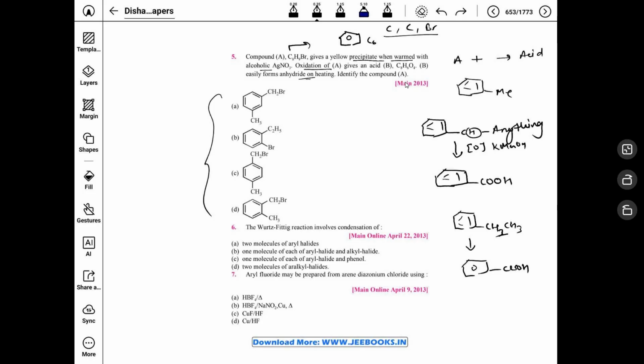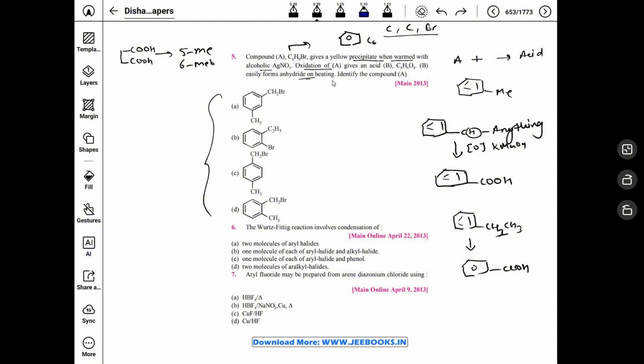This we clearly understand. What else is given? So the next information is that it can form anhydride. Remember that an acid forms anhydride only when the groups are in close proximity, and it can form a 5-member or 6-member ring.